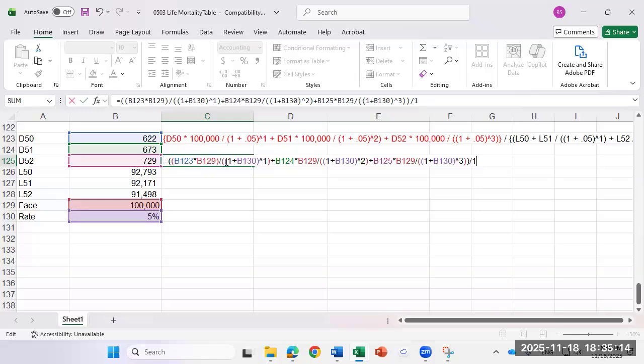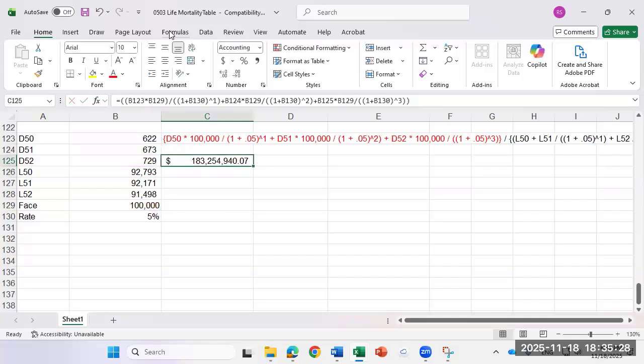So 123 times 100,000 divided by 1 plus the rate to the first, 124. That really looks the same to me, but anyway, I'm missing it. Right, so there's your numerator.